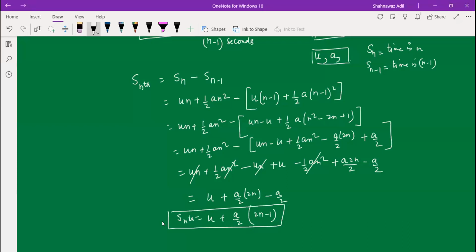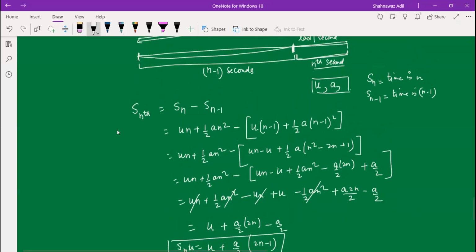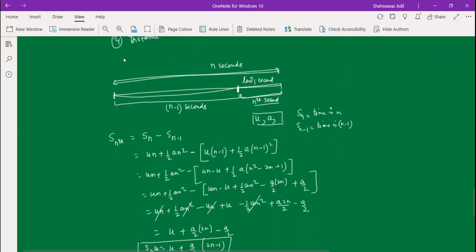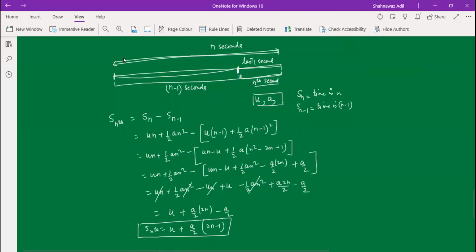Is it clear, everyone? So if it is clear, please quickly note this one down, and then we'll do a couple of questions. So quickly note this down: this is the distance traveled in nth second. Yeah, quickly note it down and then we'll do some questions.